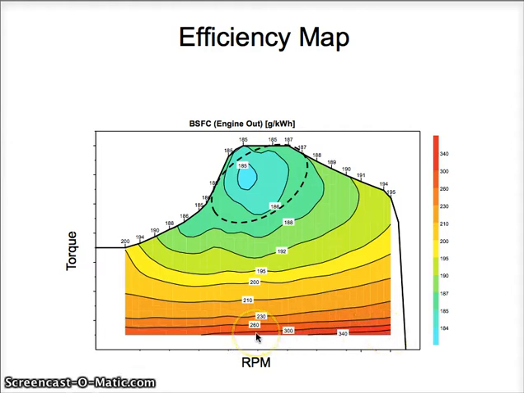On medium RPM and very high load, you have the best efficiency. Here it's down to 185 gram per kilowatt hours. So when designing a vehicle and choosing the engine and the transmission, it's very, very important to make sure that you end up in the high efficiency area as big a part of the driving cycle as possible. So you don't go down around here.